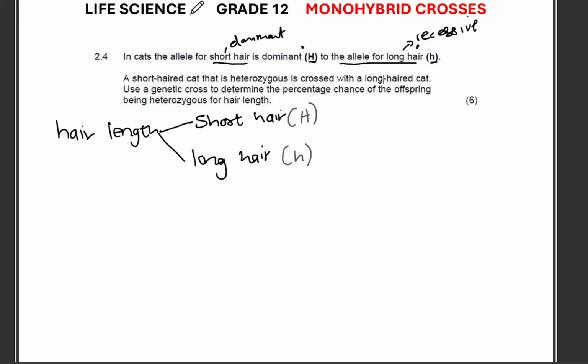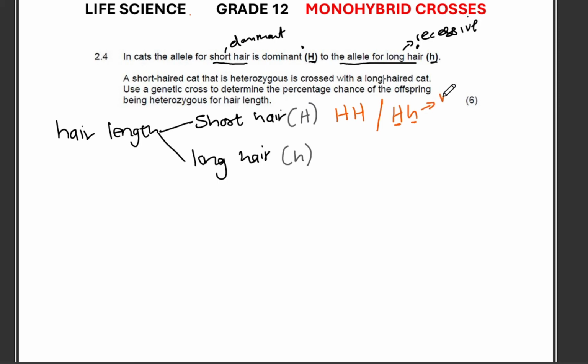The possible genotypes for short hair would be two capital letter H's. That would be homozygous dominant short. That's the first possibility. Another possibility would be the heterozygous condition for short, whereby you are having two different genes here. It will be a short hair gene and a long hair gene.